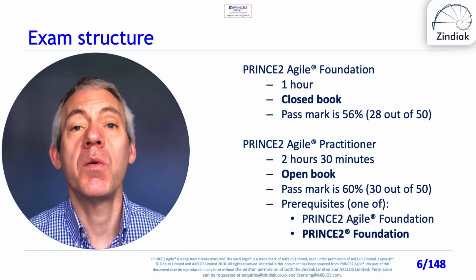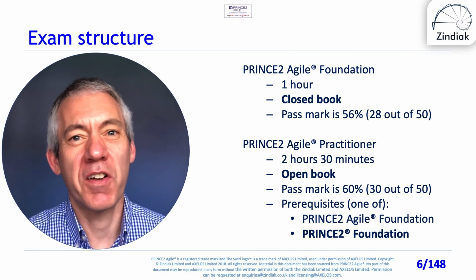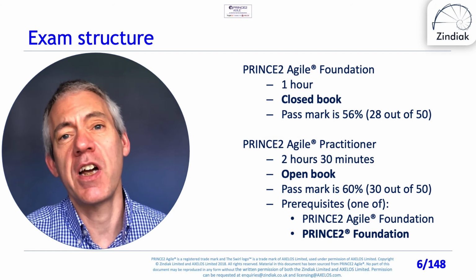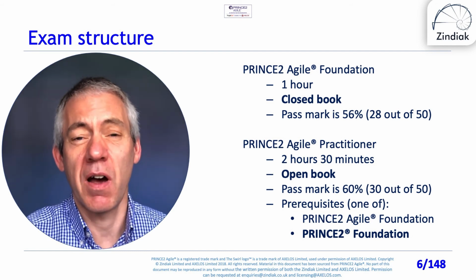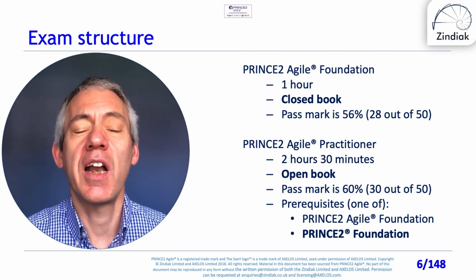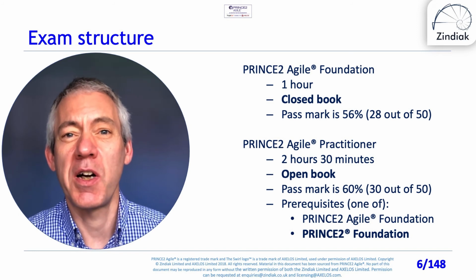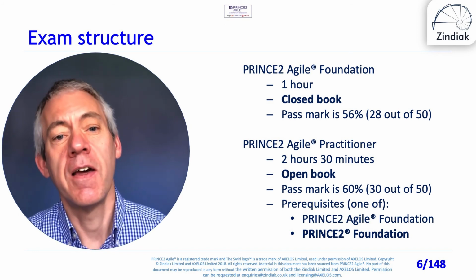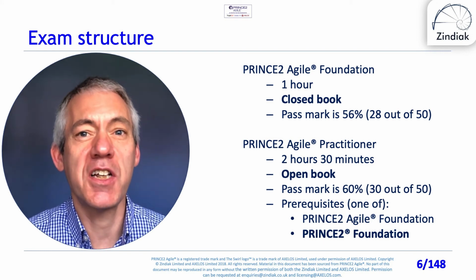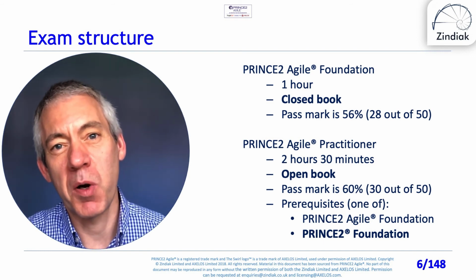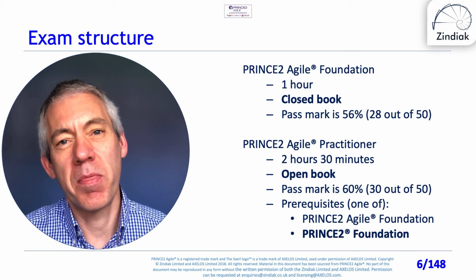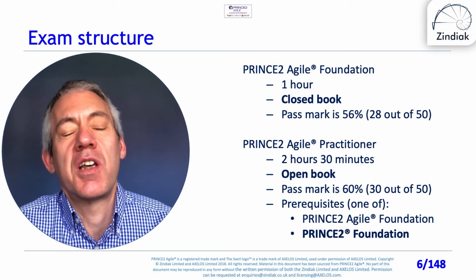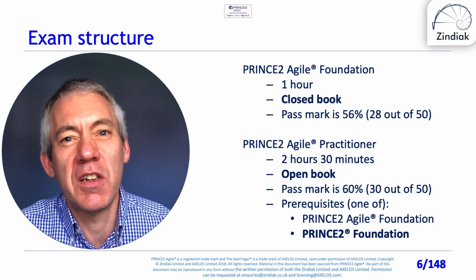But also, you end up with 2 qualifications. So you end up with a PRINCE2 Foundation qualification that you can put on your CV as a PRINCE2 qualification, and you also end up with a PRINCE2 Agile Practitioner qualification that you can put on your CV. If you take PRINCE2 Agile Foundation, followed by PRINCE2 Agile Practitioner, the PRINCE2 Agile Practitioner supersedes the PRINCE2 Agile Foundation, so you would never put both of those on your CV.